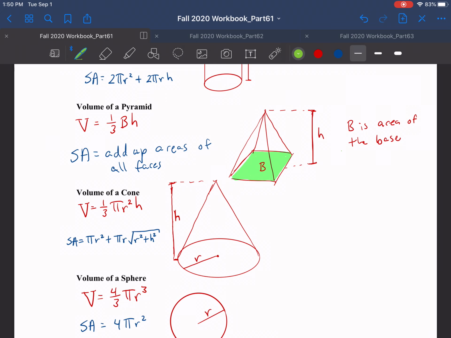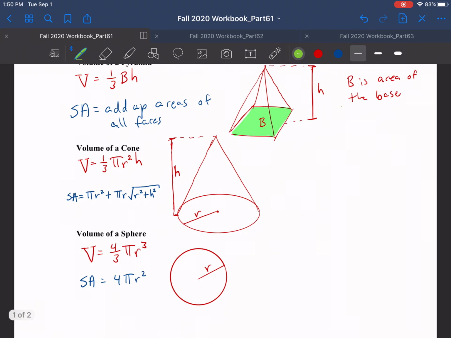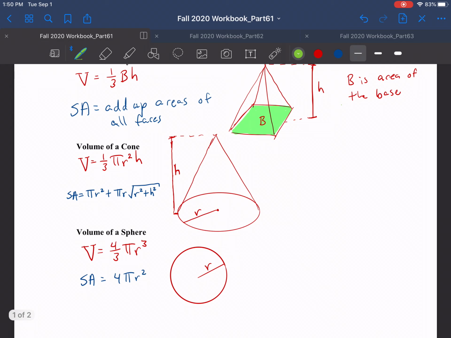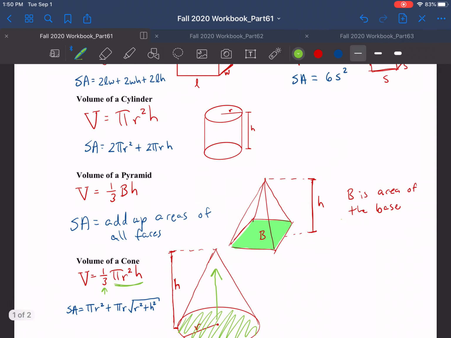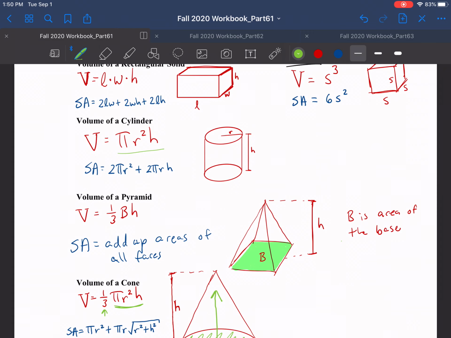Now for a cone, the volume of a cone is 1/3 pi r squared h. You see that pi r squared, that's the area of the base. And now we can't just multiply that up through the height like normal. I mean, we do that as well, but we also have to take this 1/3, because if you think about it, if we just did pi r squared h, that would be the volume of a cylinder.